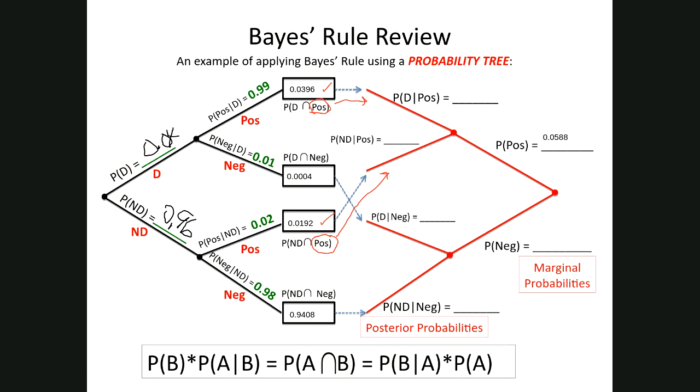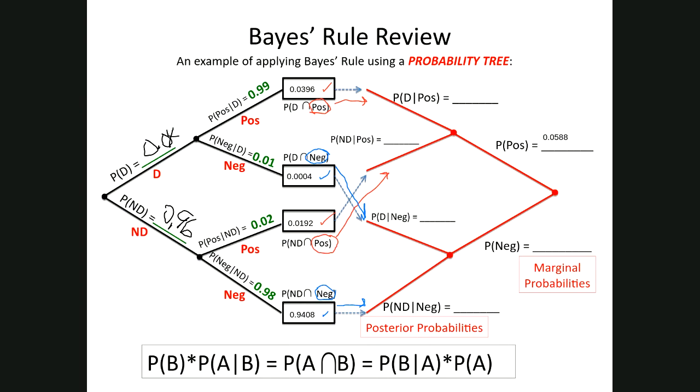And so we can get the probability that the test is negative in one of two ways. Number one, we could add together this value and this value, because as before, these are the two cases where we get a negative result, associated with this part of our probability tree.